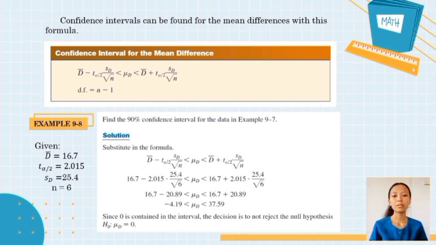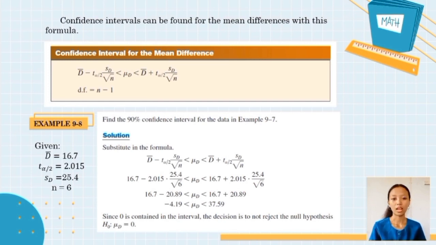Now we have 16.7 minus 2.015 times 25.4 over the square root of 6, which will be equal to negative 4.19. And 16.7 plus 2.015 times 25.4 divided by the square root of 6 is equal to 37.59.